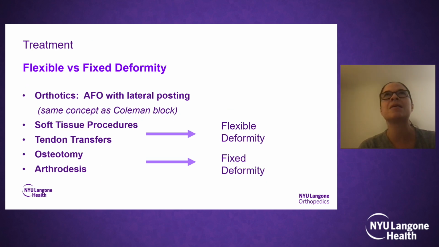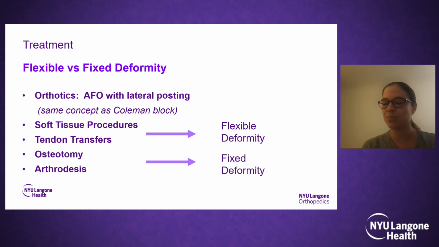The hallmark of treatment is that the flexible and the fixed cavus foot deformities are treated differently. So on the spectrum, options are going to be bracing and a variety of surgical options that I'll go over. Bracing is going to be an AFO. We talked about the weak dorsiflexion, so you need to support that. And there's going to be a post under the lateral forefoot, which is basically the same idea as the Coleman block, trying to allow for that passive correction of the heel by allowing that first ray to drop down when the lateral foot is posted up.